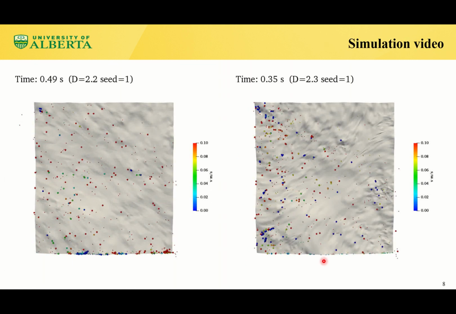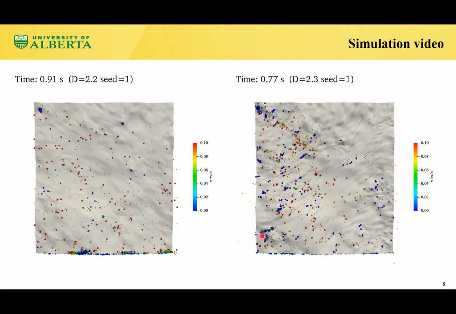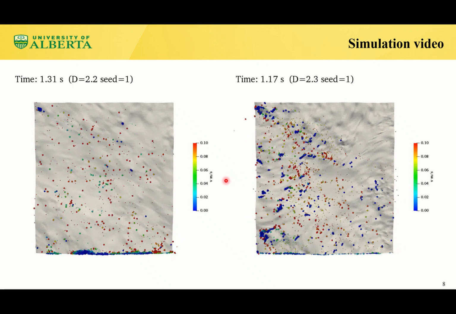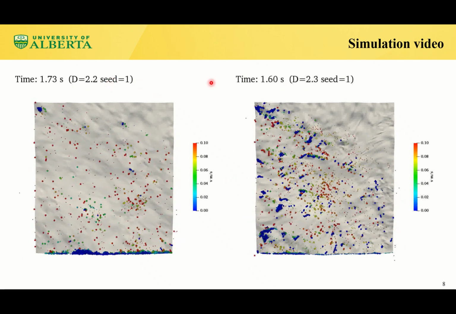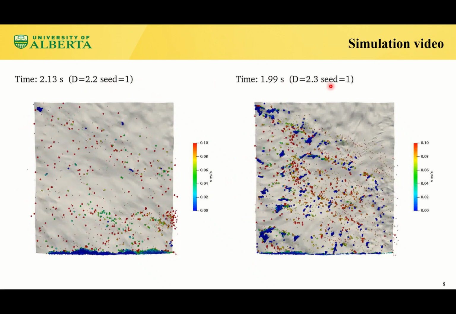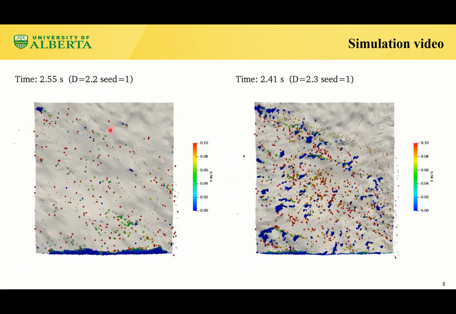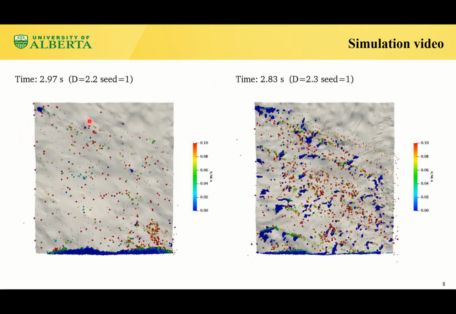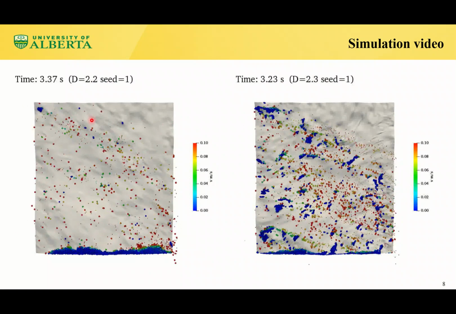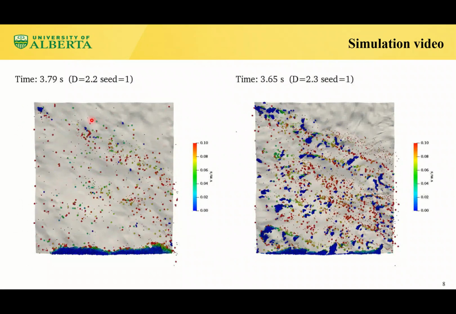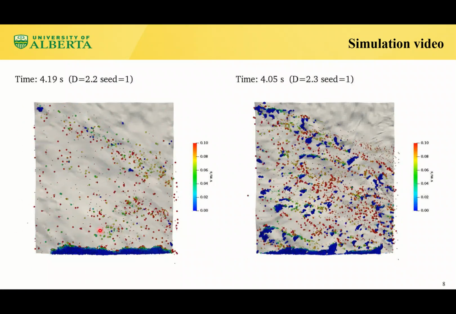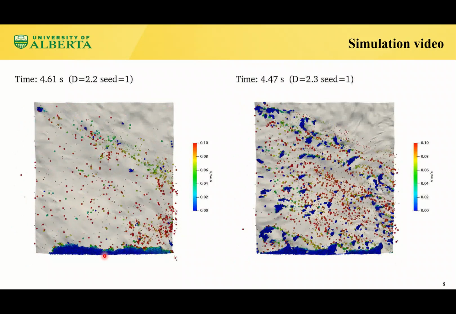This shows the simulation videos of two models with different fractal dimensions, 2.2 and 2.3. When the fractal dimension is small, like this model where the fractal dimension is 2.2, we can see most particles settle down on the bottom of the fracture.